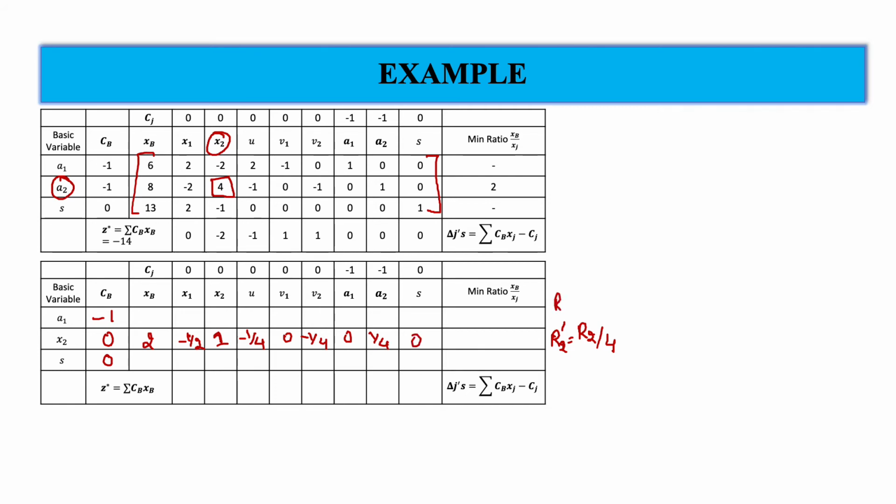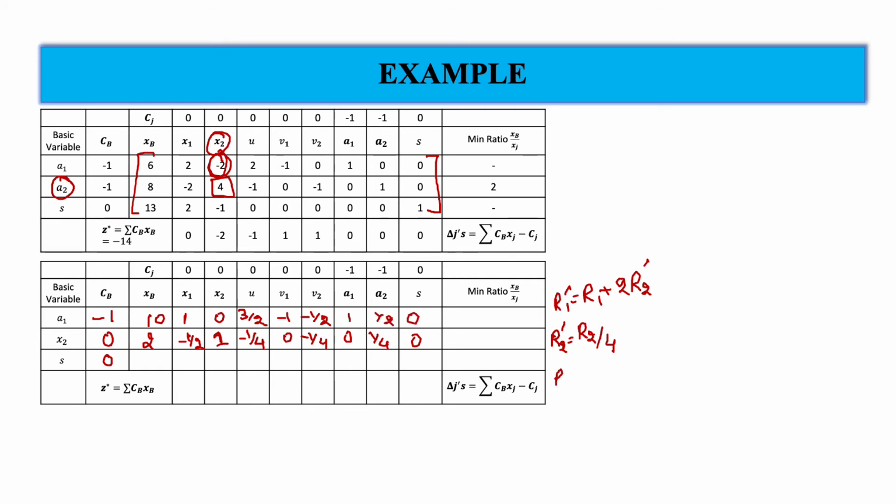Now new r1 is equal to old r1, and basically we have to make the pivot column element 0. So this will be 0 if we multiply this with 2 and add it. So 2 into r2 dash. So the new row will become 10, 1, 0, 3 by 2, -1, minus half, 1, half and 0.